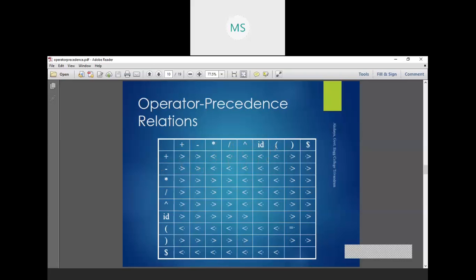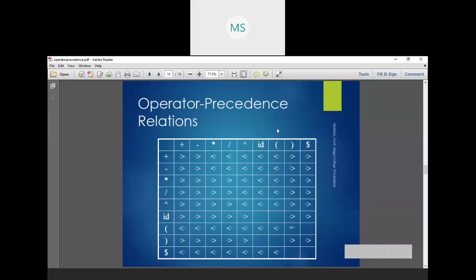Plus and open parenthesis: for example ID plus open, the inside of the bracket should be evaluated first because of the highest precedence. Plus and close: before closing, I have to evaluate plus, so plus has the highest precedence. Plus and dollar, plus has the highest precedence. Like that, we should write the precedence relationship for all of them.